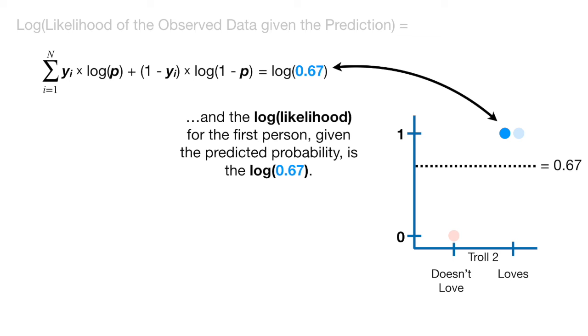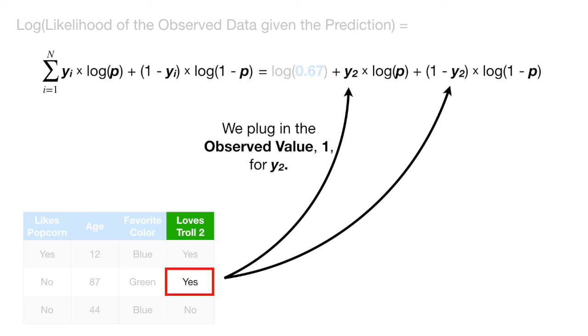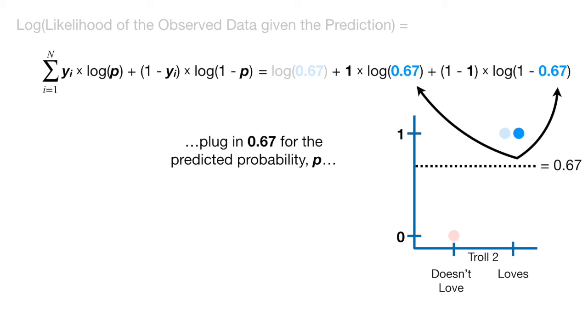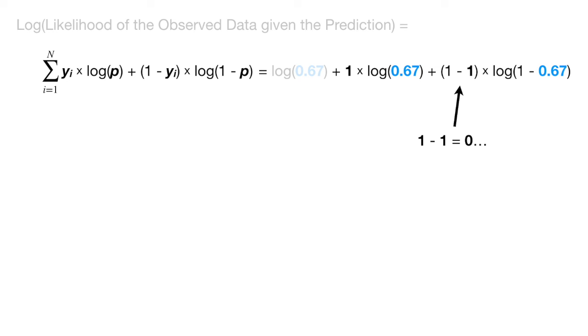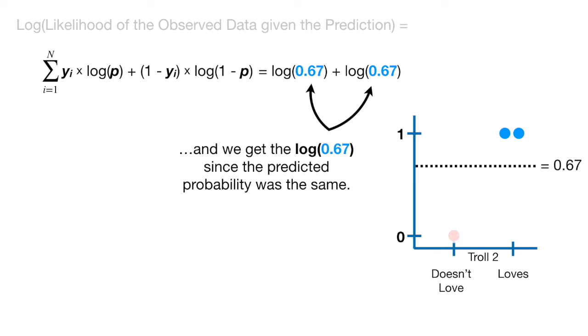The log likelihood for the first person, given the predicted probability, is the log of 0.67. Now let's calculate the log likelihood for the second person. We plug in the observed value, 1, for y sub 2, and plug in 0.67 for the predicted probability, p. 1 minus 1 equals 0, and now we do the multiplication. And we get the log of 0.67 since the predicted probability was the same.